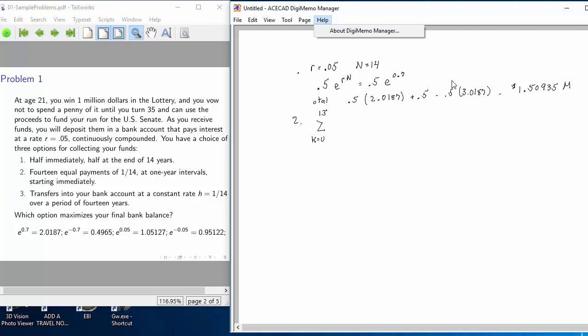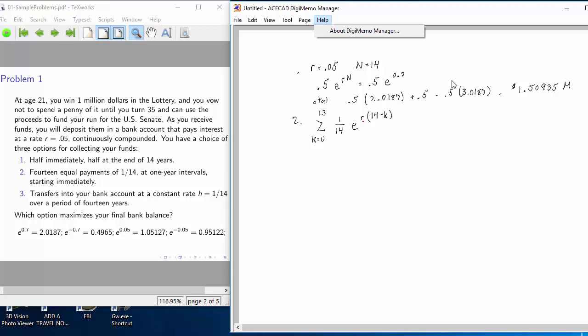To be precise, you are going to get 1/14 million dollars multiplied by e to the r times (14 minus k). Think about this.